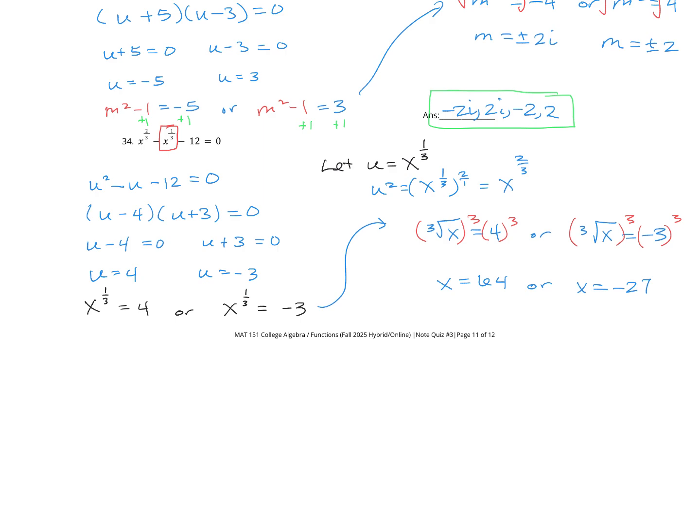And it looks like my little answer box is gone, so I'm going to just draw a box around those two and be done with that problem. Again, cube roots, no need to check them. They always work as long as your algebra is correct in the process. All right, so move on to our next page. And our next page is our last two problems. So let's go through and solve these.